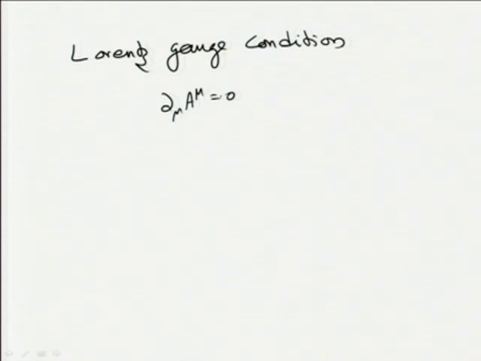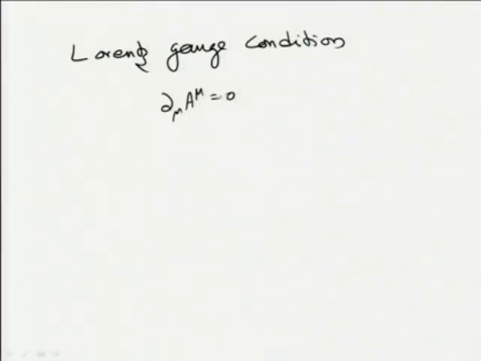This Lorentz gauge condition will not affect physics, because we can find an A mu which satisfies the gauge condition with the same electric and magnetic fields associated with it as in the original case, and that gives us Maxwell's equation box square A mu equal to J mu.